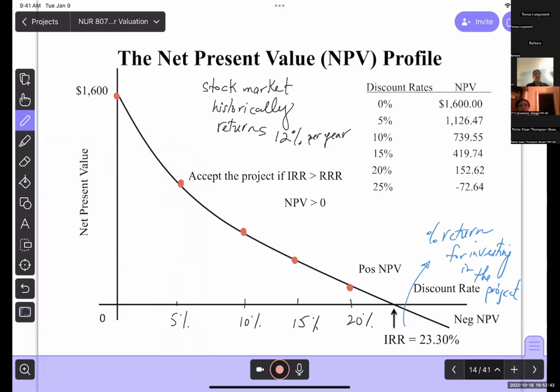This is really popular because it is actually the most popular method. So we're going to spend some time on it. And that is because, like I say, you don't need a discount rate to use it. It actually helps you narrow down if it looks like a feasible project without a discount rate.